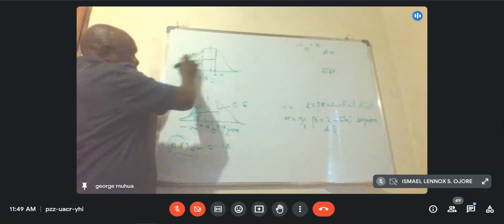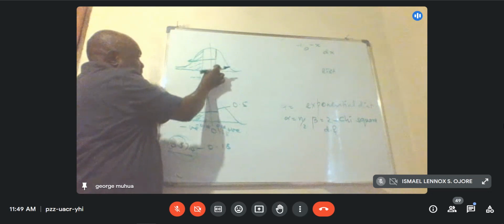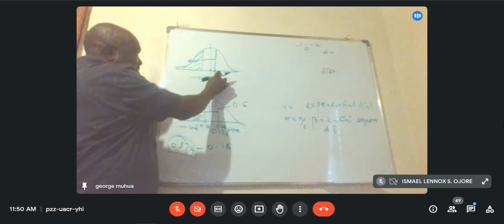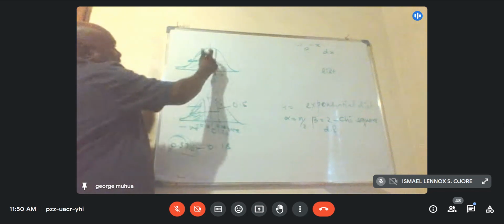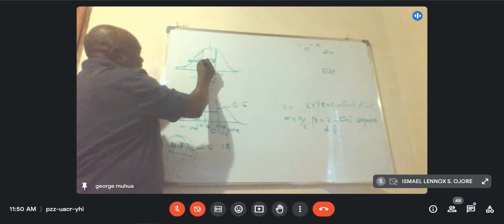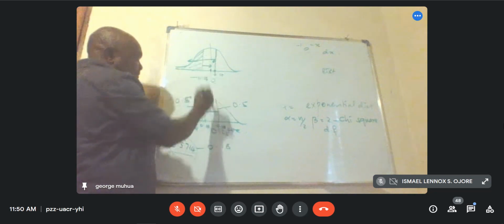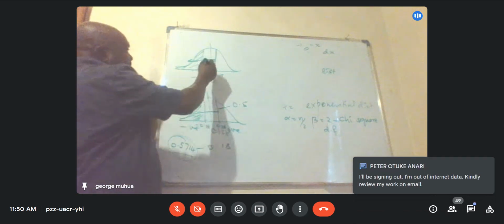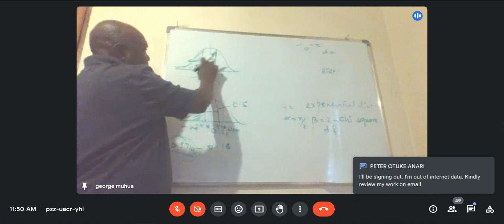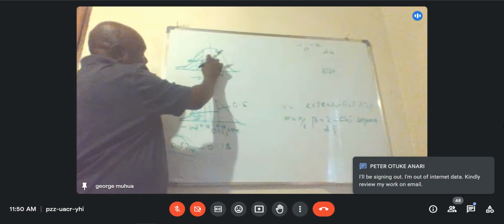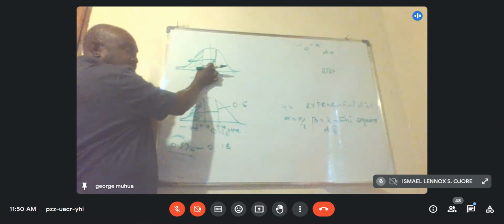So this is the area, and I am looking for this part here, between 0 and 0.18. Obviously, I have to subtract 0.5 from here so that I get this small area. And this small area is the same as this small area, between 0 and negative 0.18. So I'm looking for only this part here, so I have to know this area.